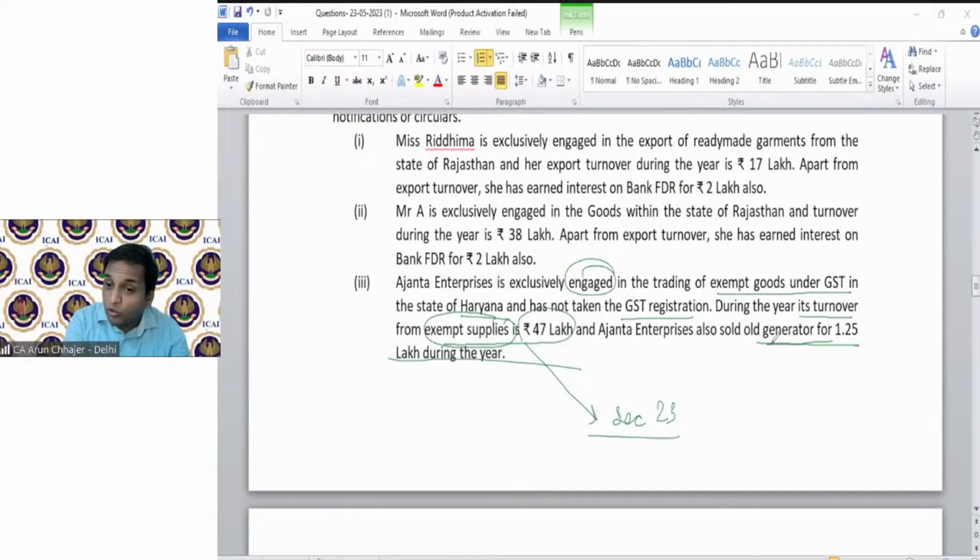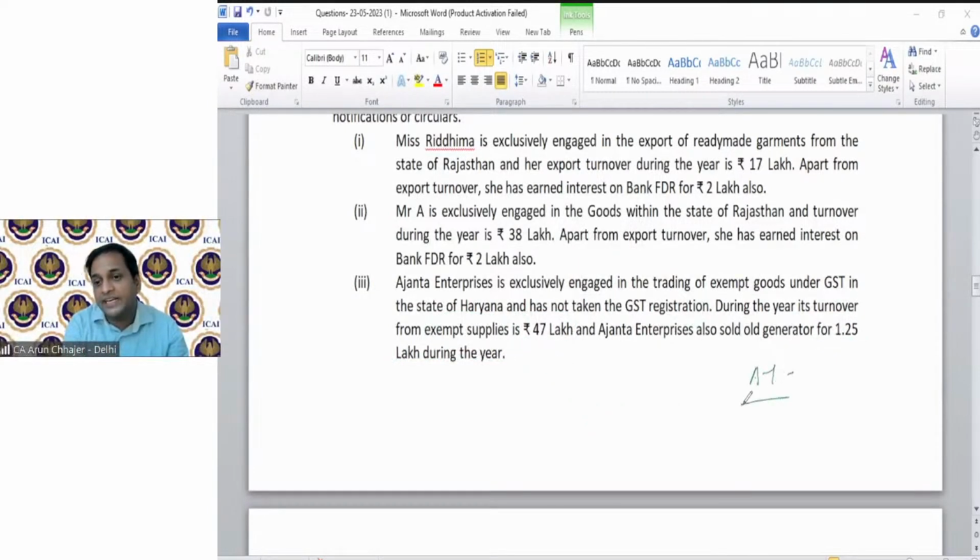Once he sold the old generator, which is a taxable supply, what is the aggregate turnover? Aggregate turnover is taxable plus exempt. In this case, the aggregate turnover is 48.25 lakh.